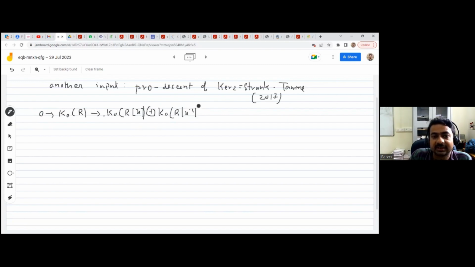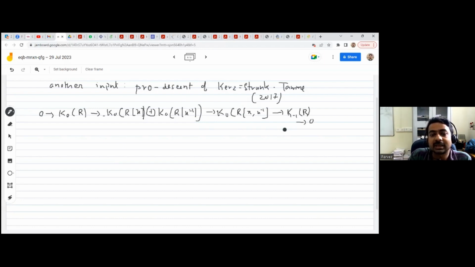So this is another variable, but I am taking only the inverse variable, X inverse, 1 by X. So it maps to K_0 of R[X, X inverse], and then you take the cokernel, and the cokernel is inductively defined as the negative K-theory. So this is the cokernel, so it is 0.